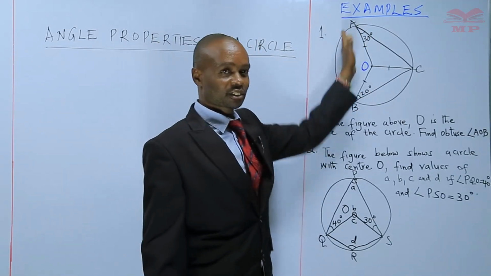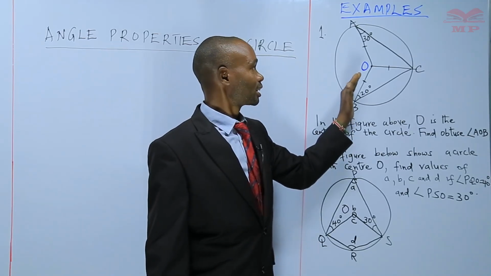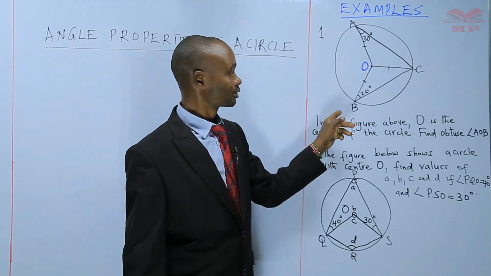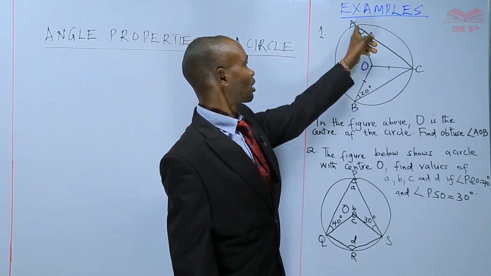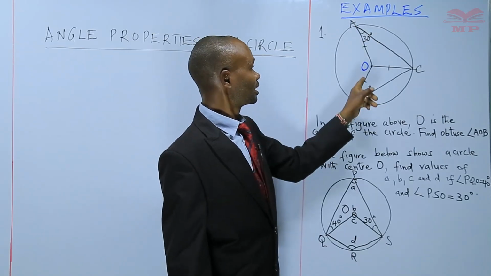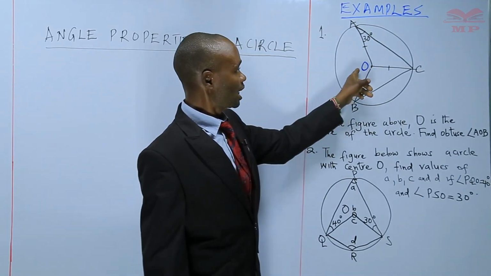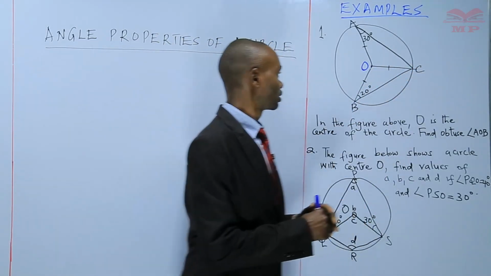And there is a concept highlighted there which you need to know. In the concept, we learned that the angle at the center is twice, if we have, for example, a chord AB, the angle at the center will be twice the angle at the circumference.